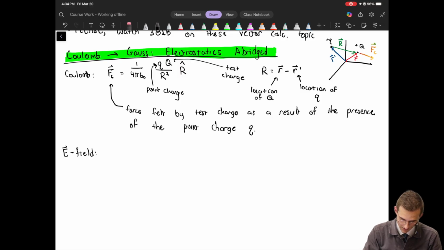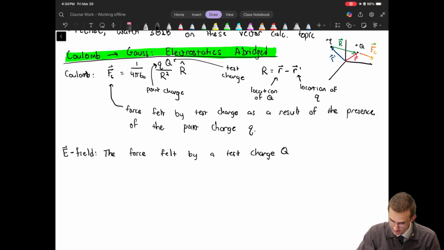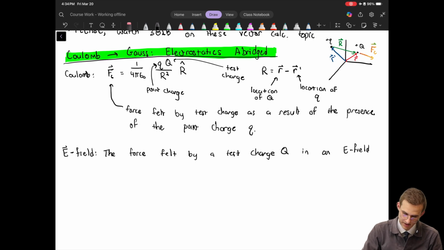Now, let's talk about the definition of the E field. The force felt by a test charge, capital Q, in an electric field, or E field, that is E, is F_E, equal to the test charge magnitude times E. That's just the definition.